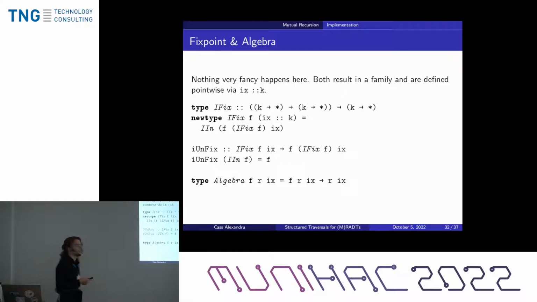But as I said, I didn't get around to trying to translate everything into the data family syntax. And we need an unfix again in order to define our catamorphism, and the algebra we define pointwise. So algebra of f of r at index x is just f of r at index x to r at index x.